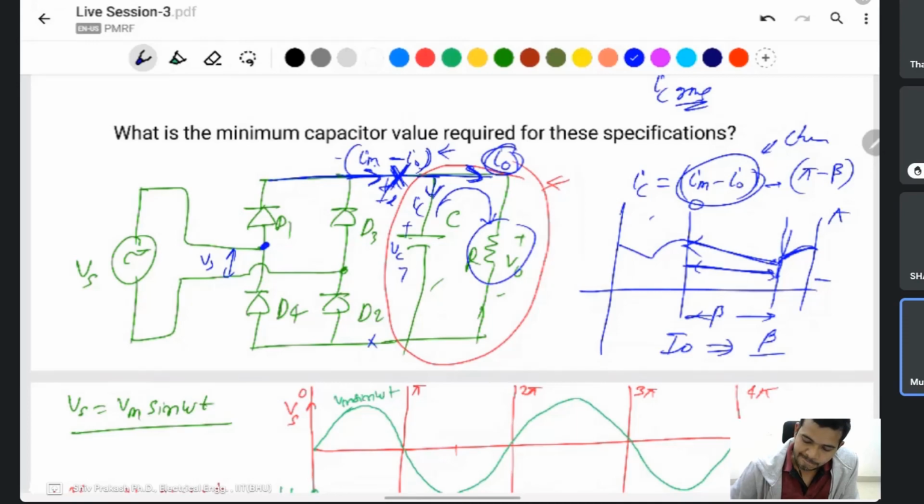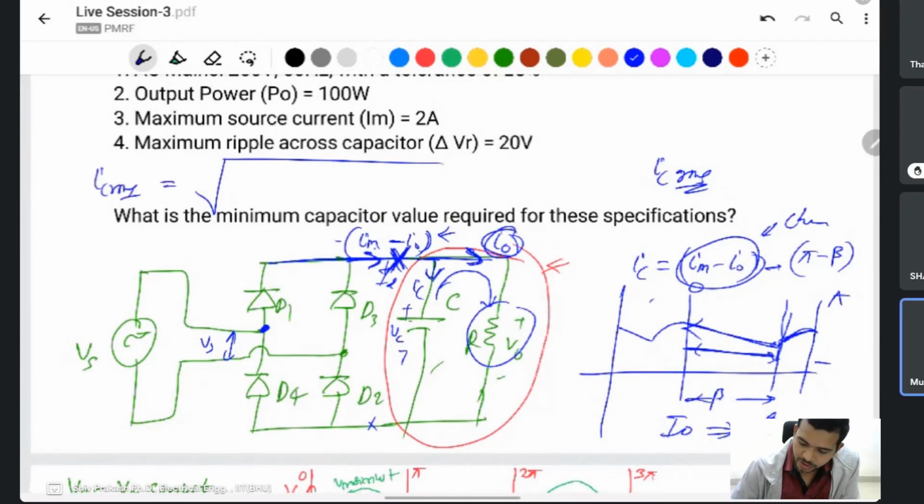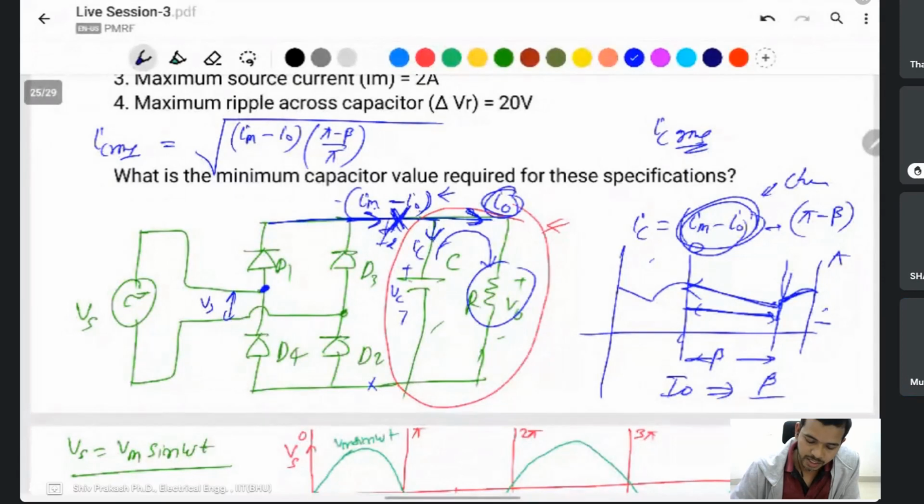Then for calculation of RMS, take the square root: IC RMS equals the square root of IM minus I naught squared times the time pi minus beta divided by pi, where the total time period is pi, plus I naught square times the time beta divided by pi.